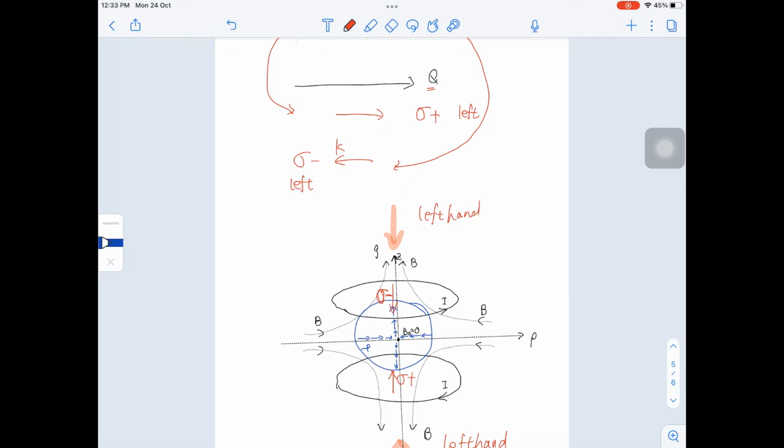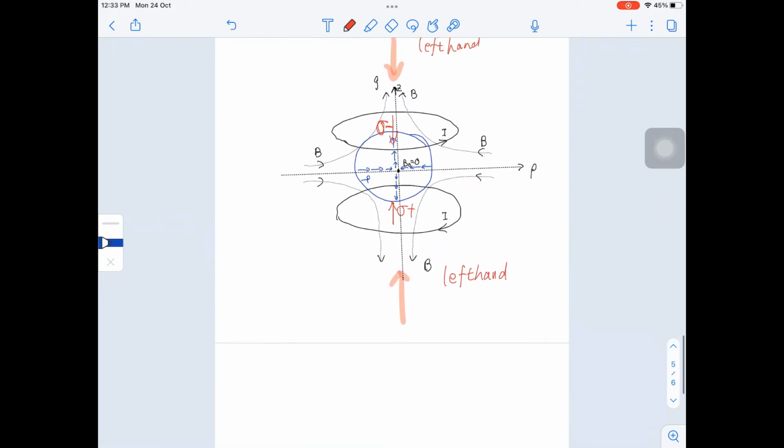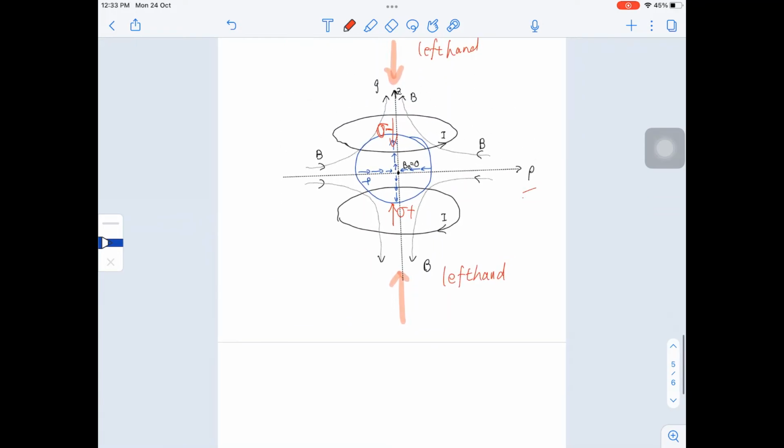Here I don't need to do the row axis anymore because it follows the same logic. You're going to find that you need the right hand polarized light from both directions, but it gives you sigma plus and sigma minus from both directions.